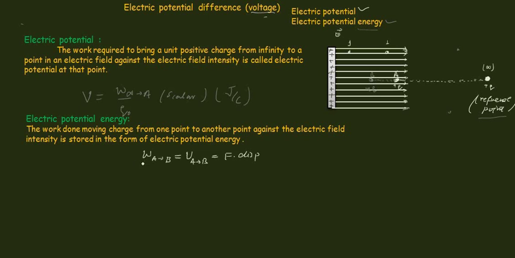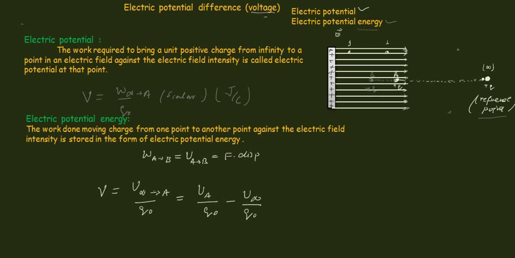So after the definition of electric potential energy, we can write down the electric potential as V equals, instead of work done, the energy required to bring this positive unit charge from infinity to point A, from infinity to point A, which is equal to the energy at point A divided by Q naught minus the energy at infinity divided by Q naught.